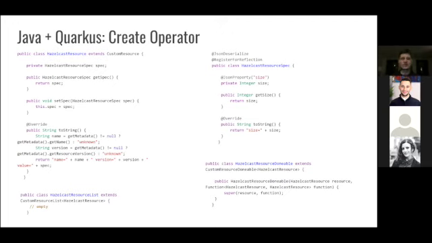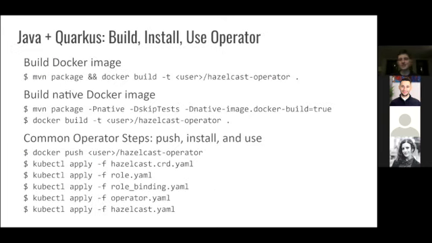The good thing is that if you already write this whole code, then you can compile it and run it and build a Docker image or build a Docker native image. And usually what you will want to do is probably build a Docker native image, because otherwise, with Java, if you build a standard Docker image, then the size of your Docker image will be high, and so will the memory consumption and all that comes with the JVM.